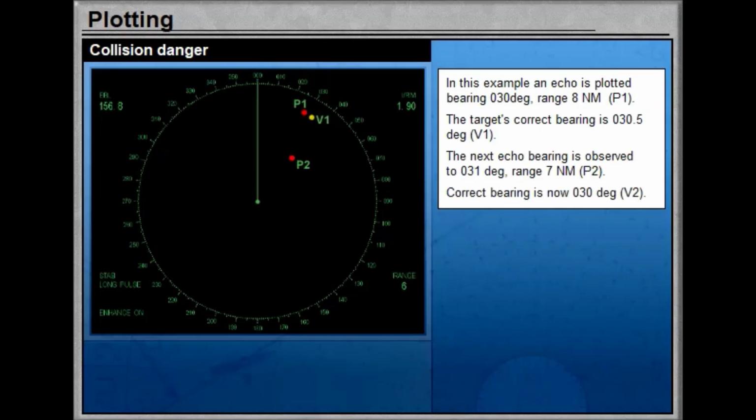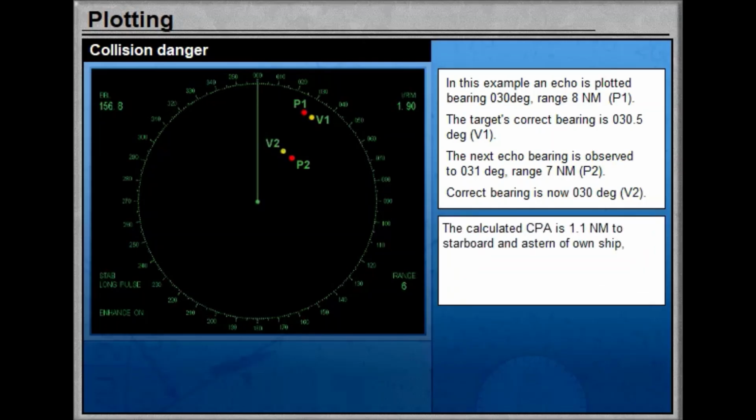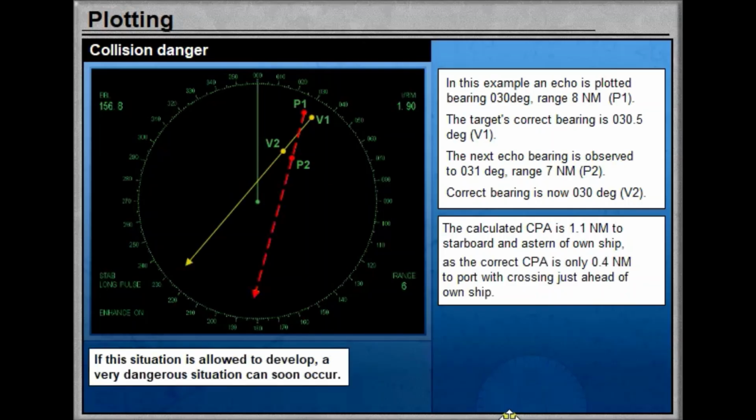Correct bearing is now 030 degrees, V2. The calculated CPA is 1.1 nautical miles to starboard and astern of own ship, whereas the correct CPA is only 0.4 nautical miles to port, with crossing just ahead of own ship. If this situation is allowed to develop, a very dangerous situation can soon occur.